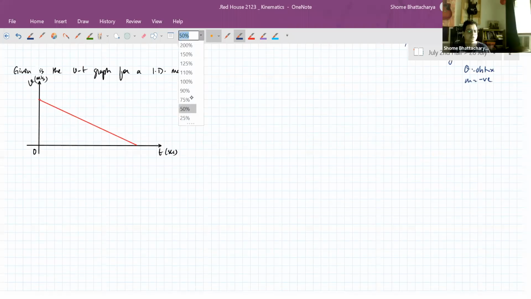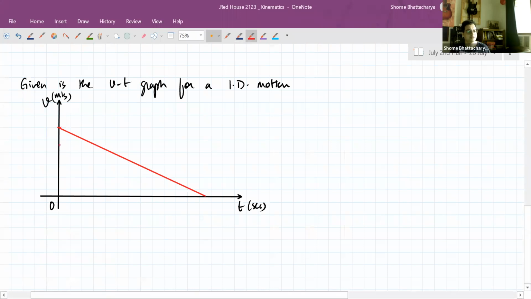Okay, so let's come back to this question. This is the information given in the question: at 0, the velocity is, let's say, 60 meters per second, and it reduces to 50 in a time of 2 seconds.